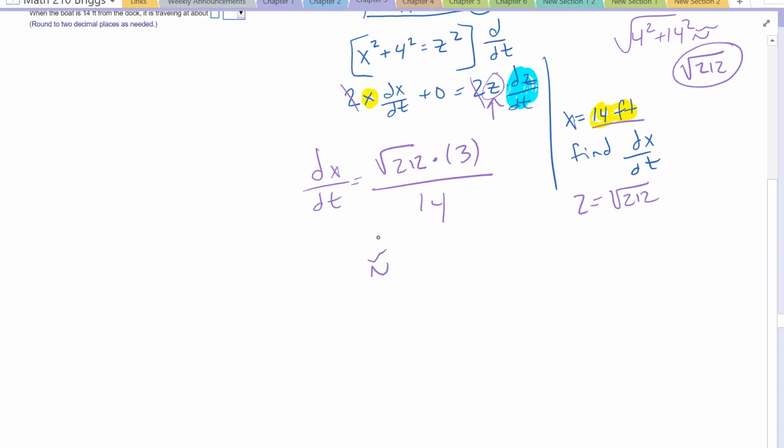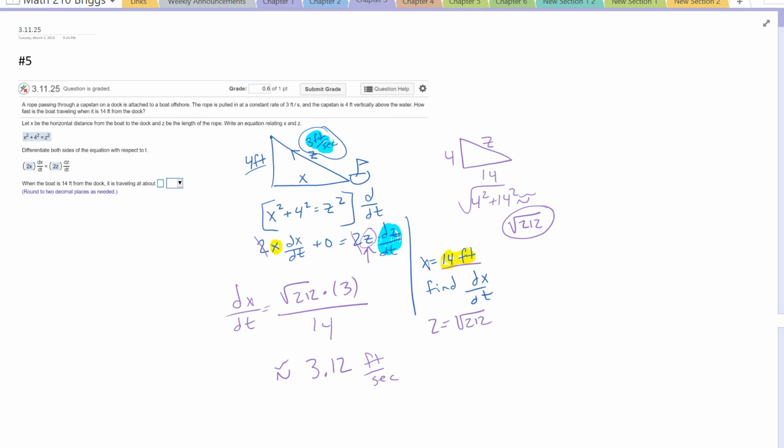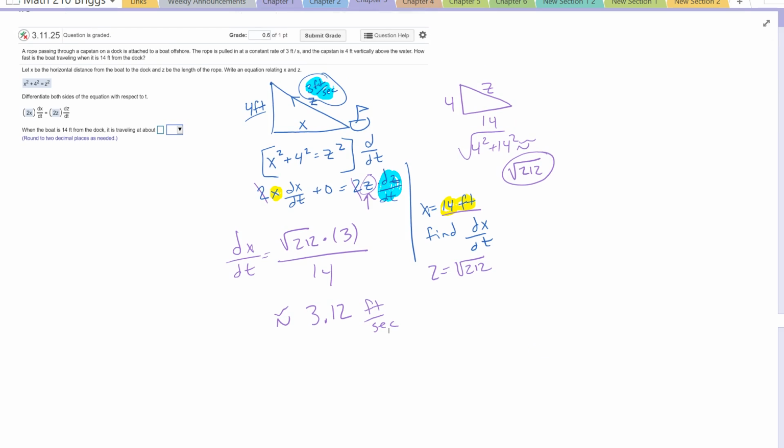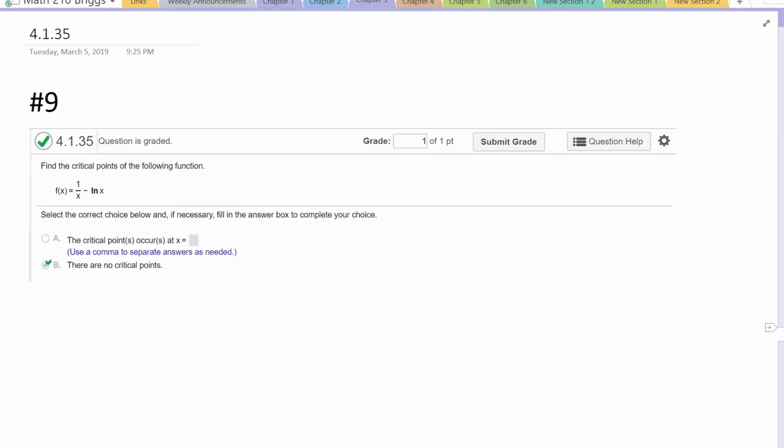This is approximately 3.12 feet per second, with everything in feet and time in seconds. So you might have to take that extra step and solve for the missing z value when you're given a specific x, and then plug everything into the equation.